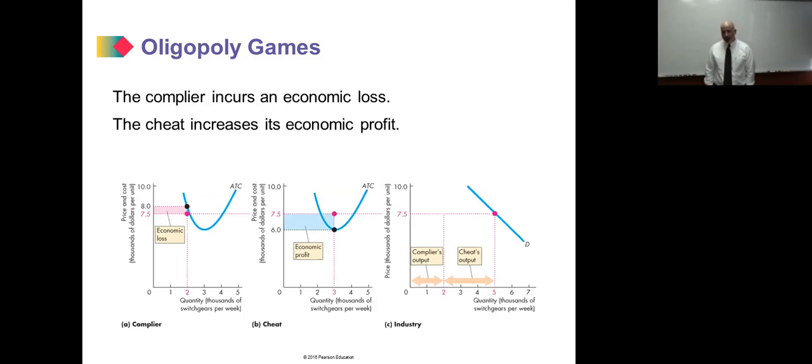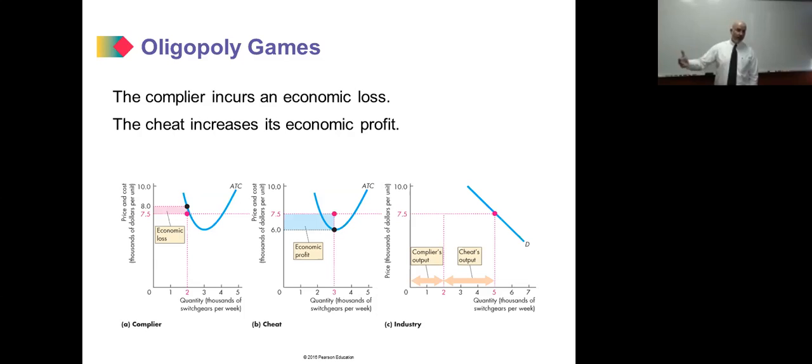With the supply, yes, we're increasing supply. The demand is out there to meet it. So when we increase supply, the price is going to fall. The individual who has initiated that output change is who's going to reap the benefits, in this case, the cheater.